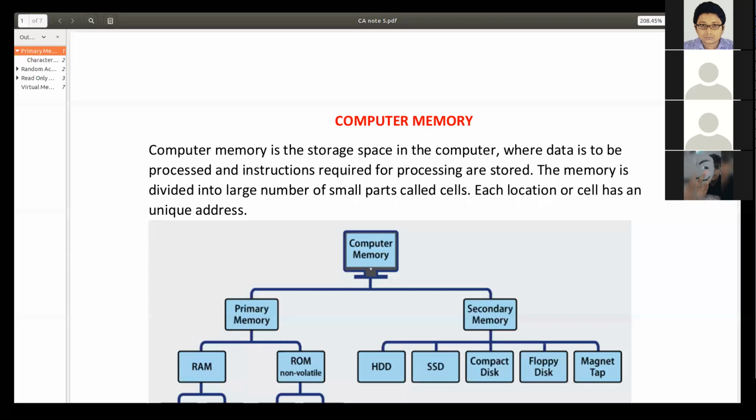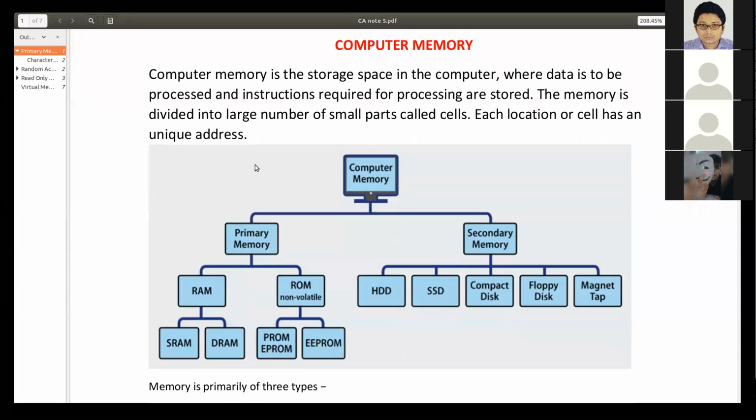So basically, if you see, this is the classification of our computer memory. As I told you, at first we can classify our computer memory into two types.